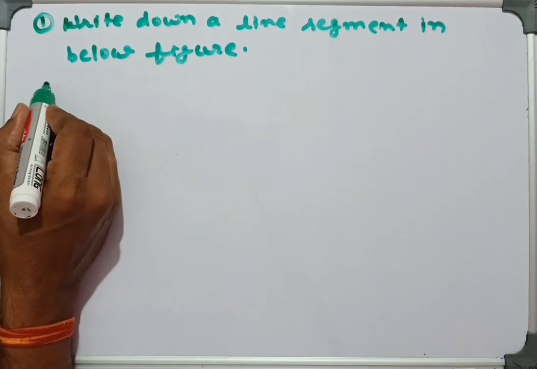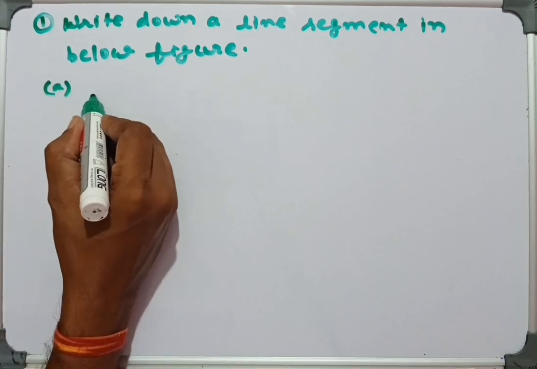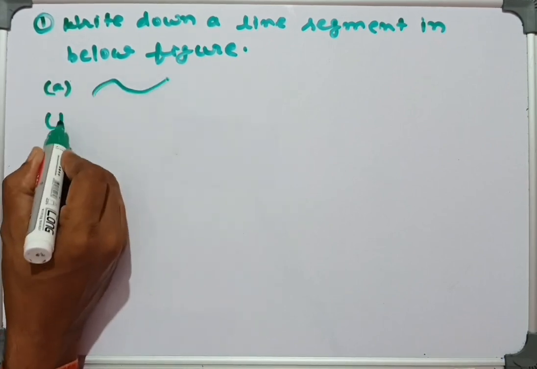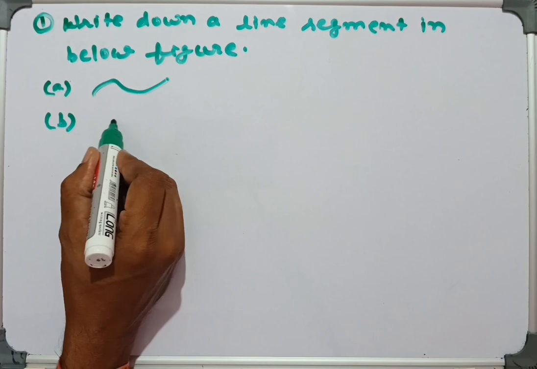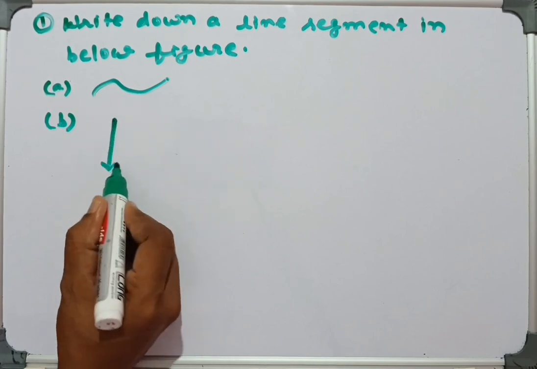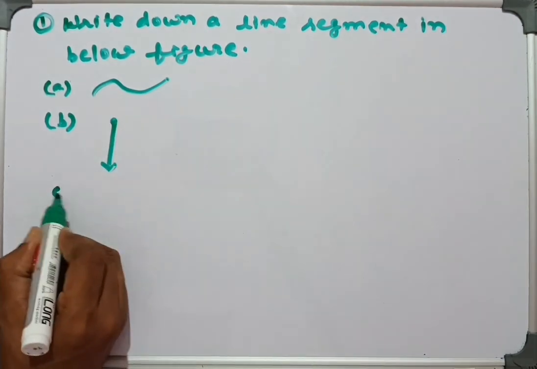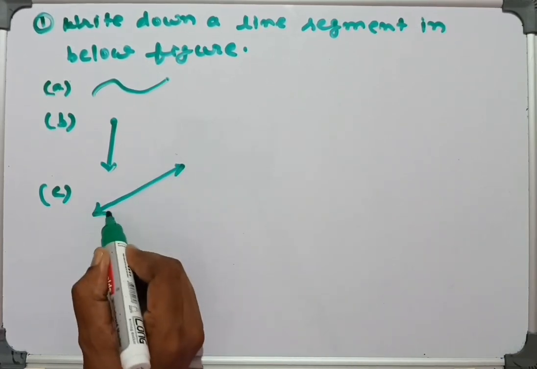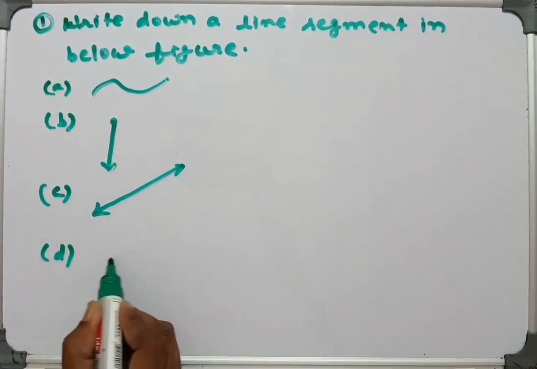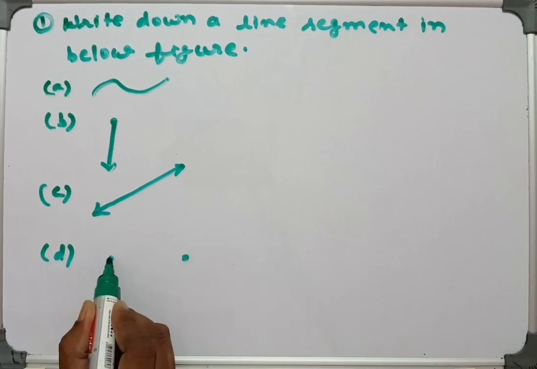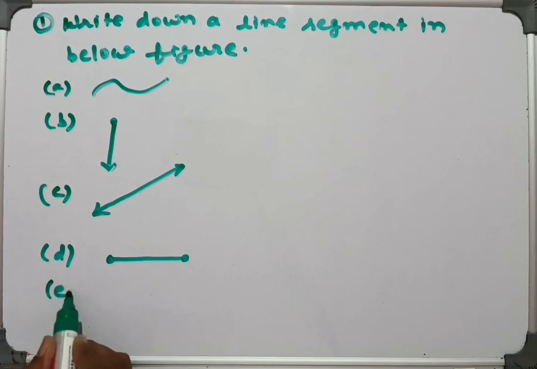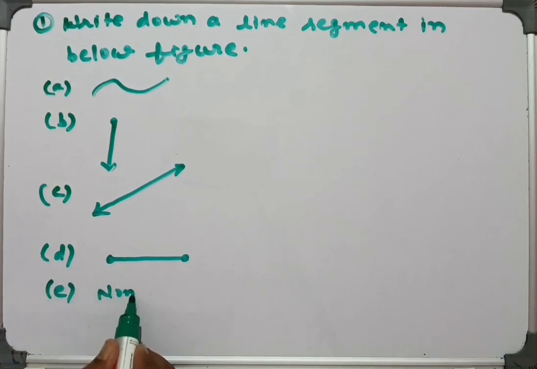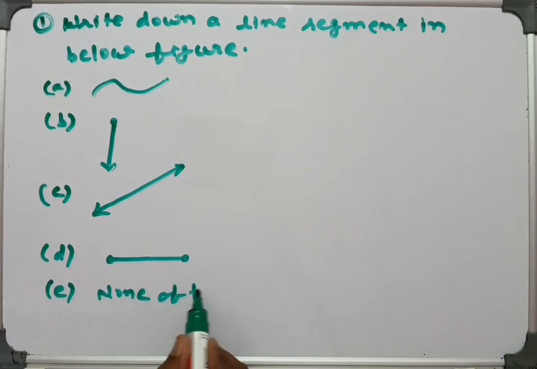Options are given here: A, this one, B, this one, C, D, and E. None of these.